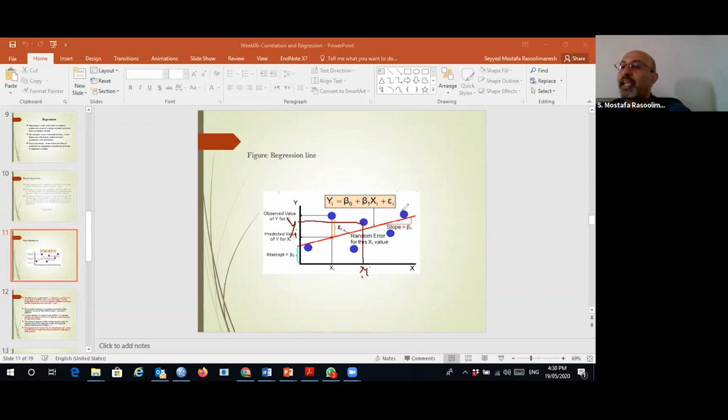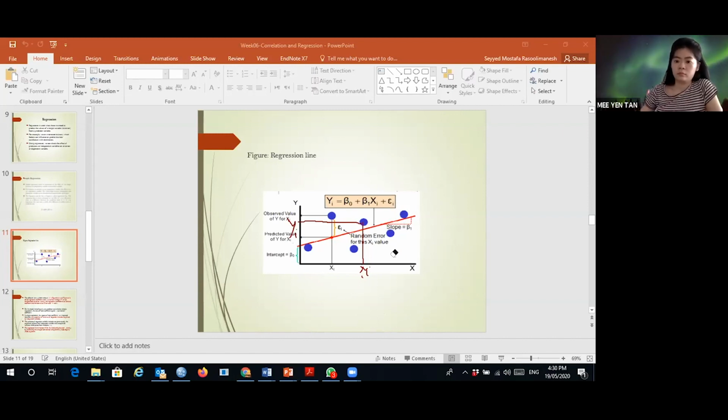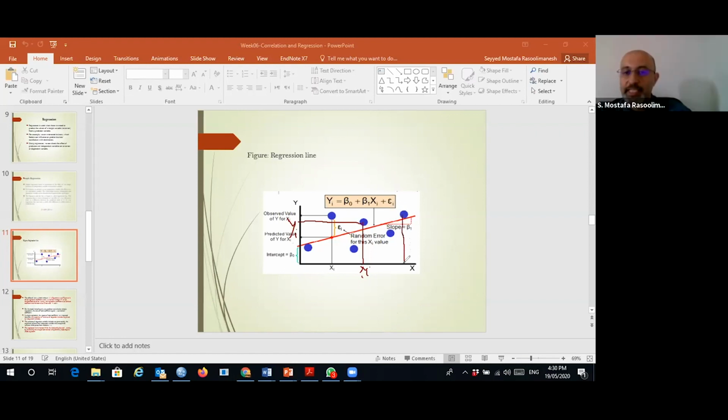This one is another case, and this is the X value of this case. This is the community attachment value for this case. For example, community attachment for this case is 4.2, right?